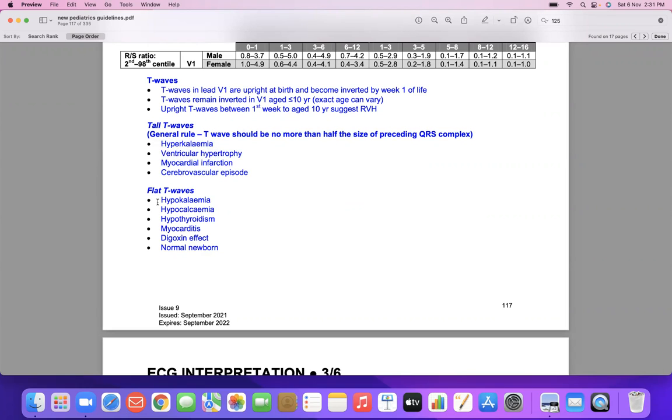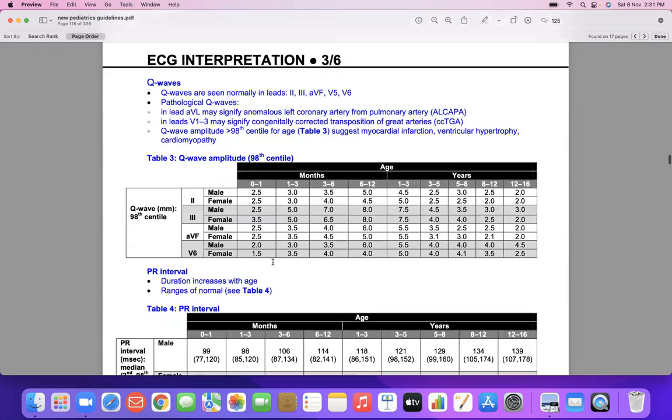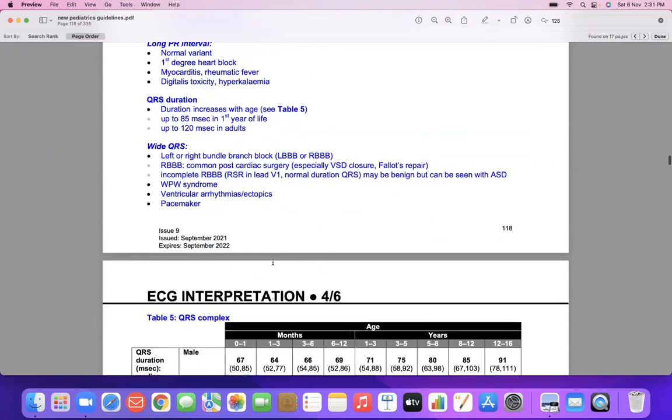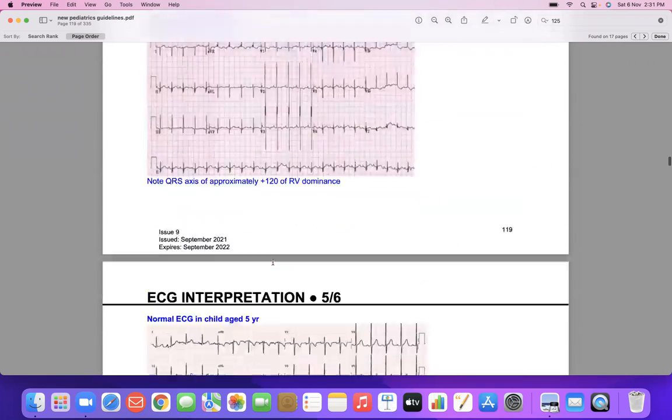Flat T waves, in contrast to tall T waves in hyperkalemia, will be hypokalemia, hypocalcemia. Most of the things are hypo here: hypokalemia, hypocalcemia, hypothyroidism. And also you can get it in myocarditis. Rest all is not important. We'll go for this.